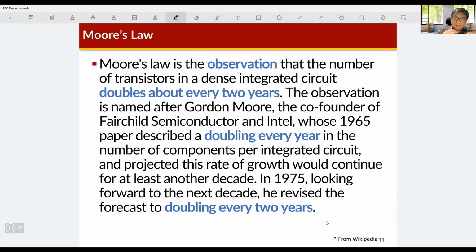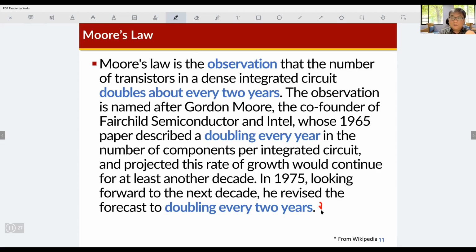So actually Moore's law sets the goal of technology advance, and also this Moore's law sets the goal of the development of the CPU or processor.